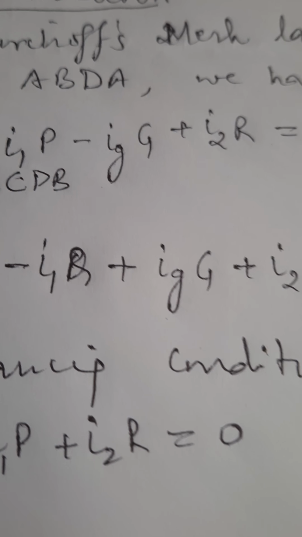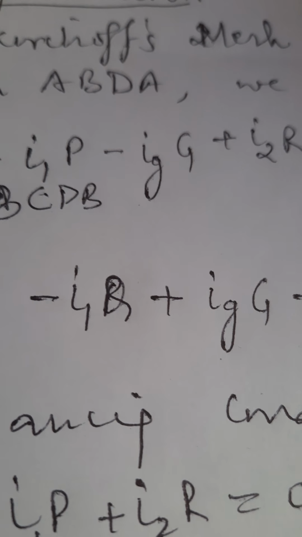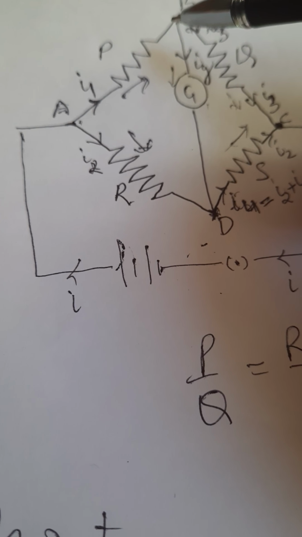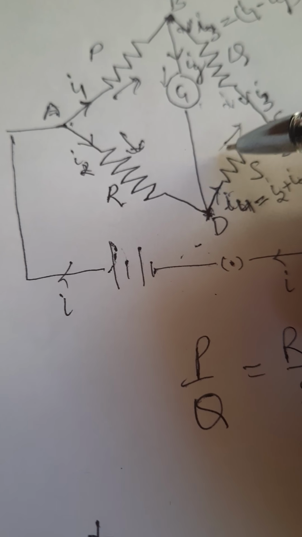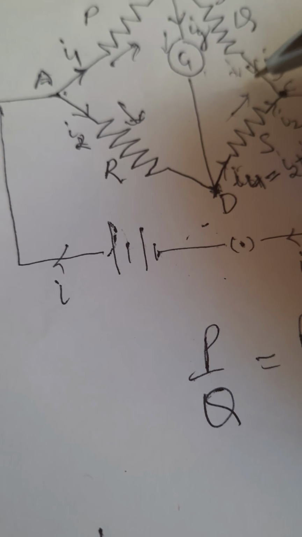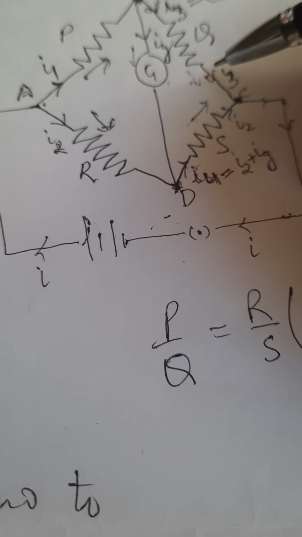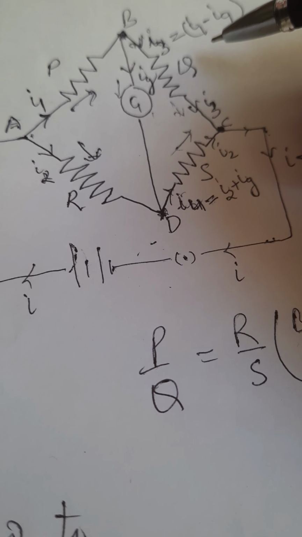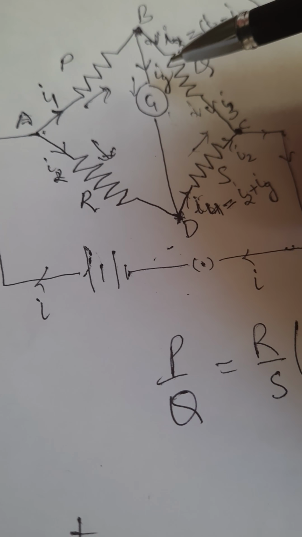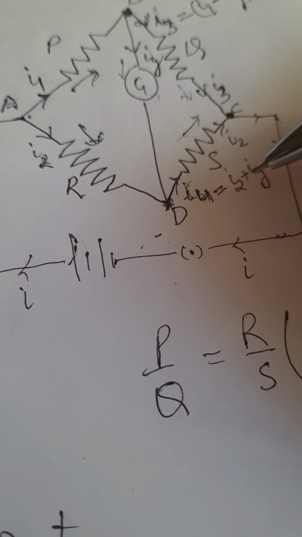Now for mesh BCDB, here Ig is anti-clockwise, I4 is anti-clockwise, I4 means I2 plus Ig, and I3 is clockwise. So I3 is negative, I3 is equal to I1 minus Ig, this is negative, and Ig is positive, I4 is positive.